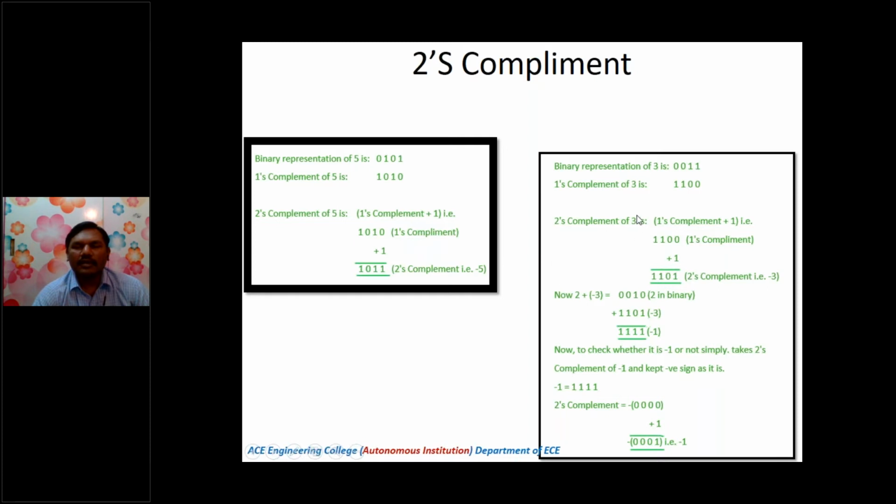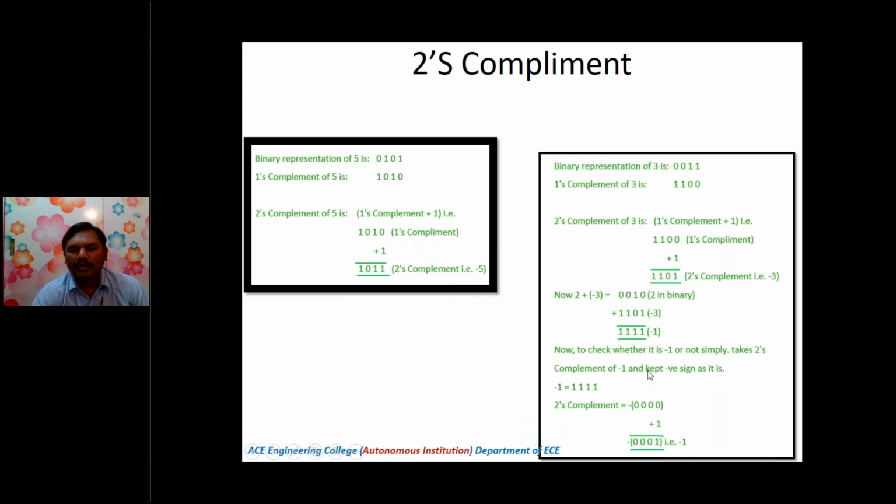That's why, when you are subtracting 2 minus 3, we can write 2 plus of minus 3. To find minus 3, find its 1's complement and then 2's complement, and add those two values. Now check whether it is minus 1 or not.